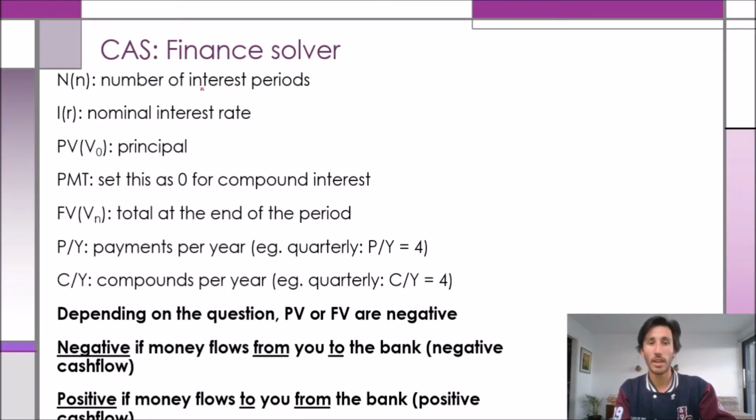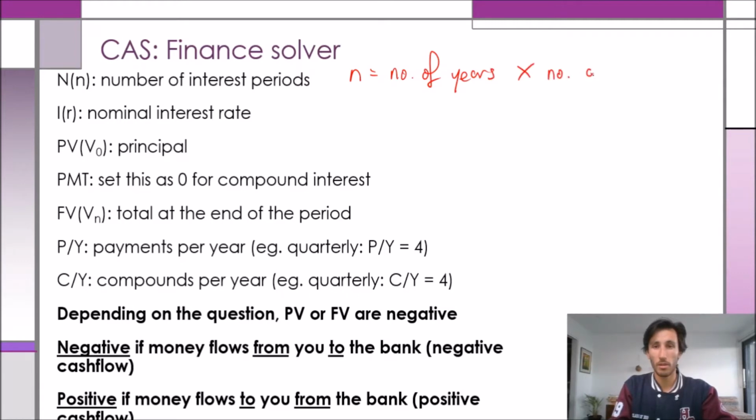So N is the number of interest periods. Remember, this is going to be the number of years times number of compounds per year, per annum.